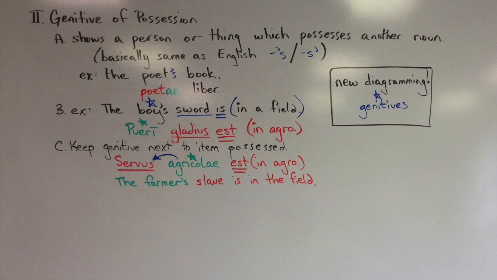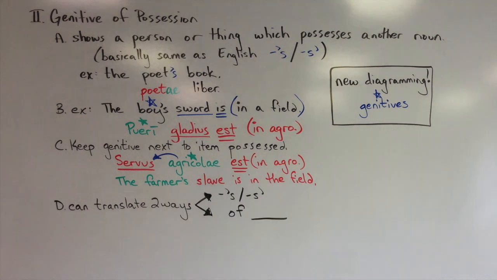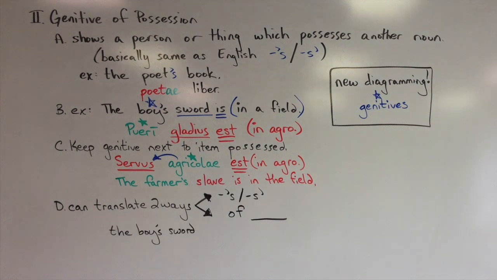Also with the genitive of possession, we could typically translate it one of two ways. We could either translate it with an apostrophe S if it's singular, or an S apostrophe if it's plural. We could also translate it using the English preposition of. This makes sense because in English, if we said the boy's sword, this would be the same as saying the sword of the boy.